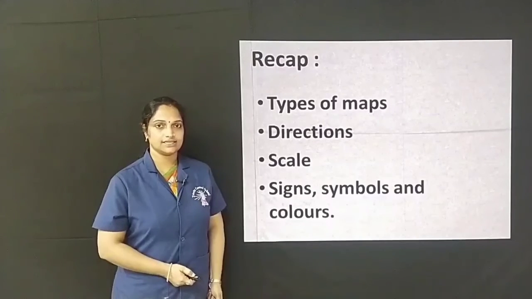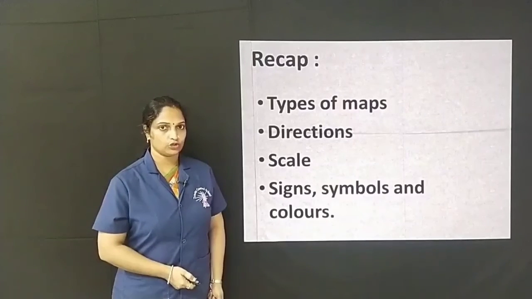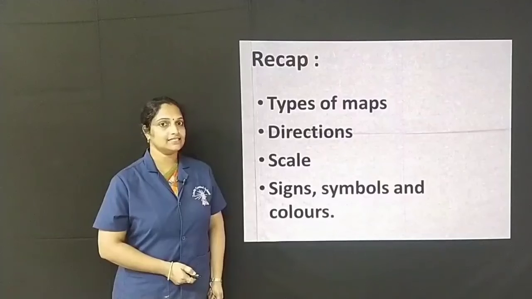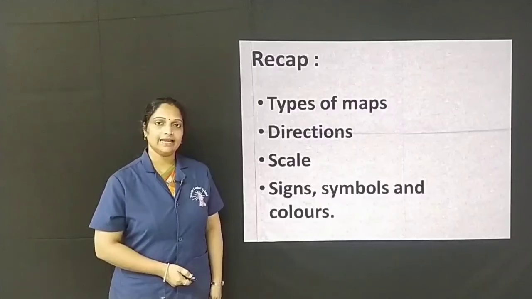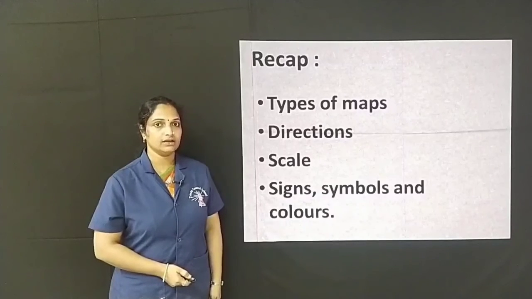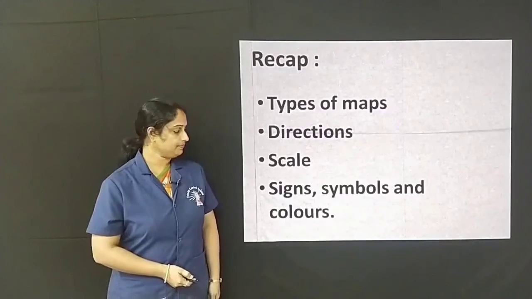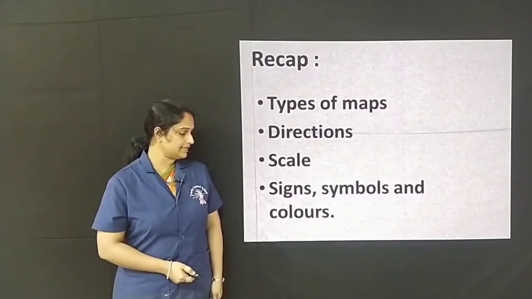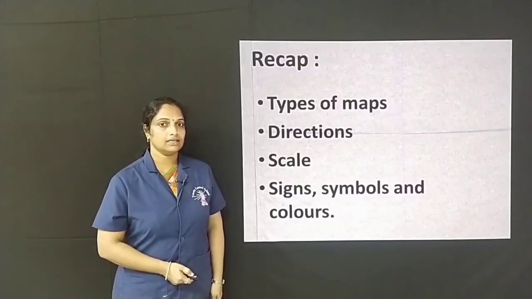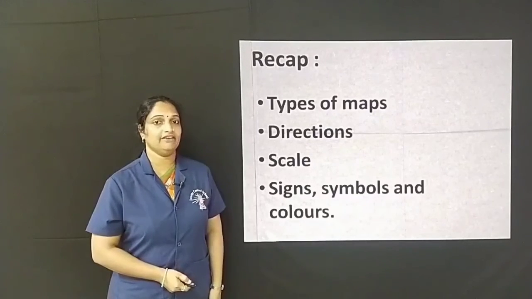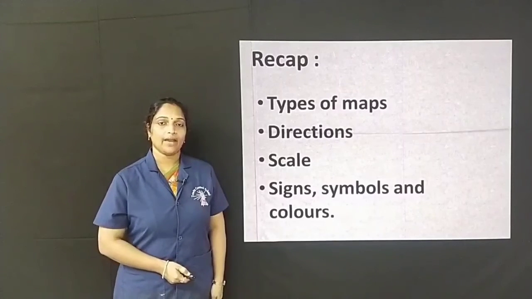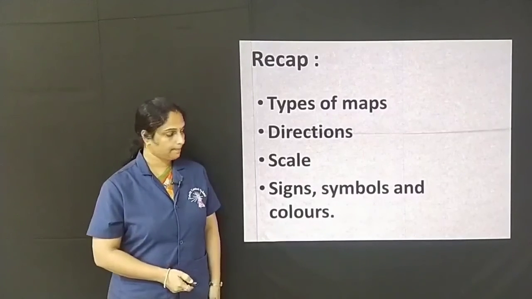And 4 sub-directions are northeast, northwest, southeast and southwest. Next is scale. What is a scale? Scale is a measurement used on a map. Next is signs, symbols and colors. Signs, symbols and colors are the important map key factors to study a map easily.